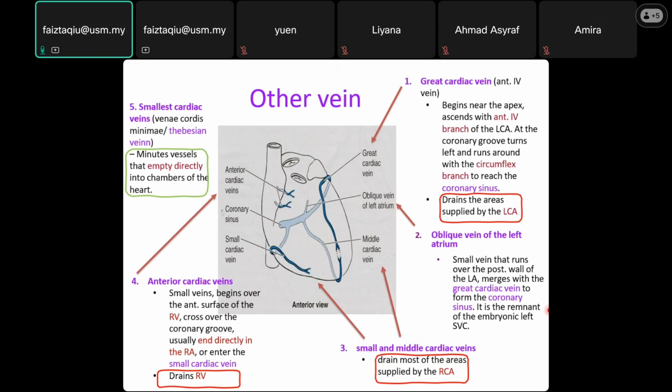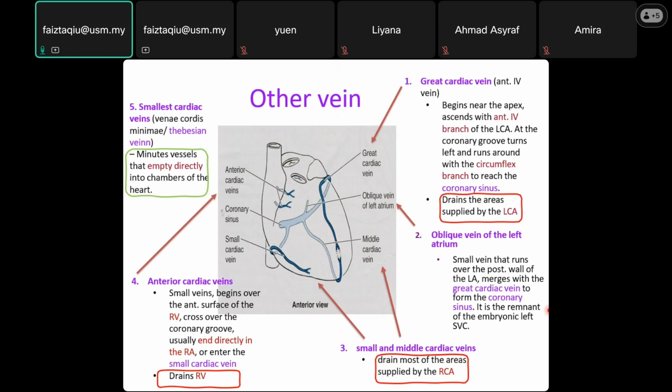Another thing: embryologically, because of the coronary sinus and the drainage of the oblique vein into it, if there is a deformity in the formation of the groove at the oblique vein towards the coronary sinus, you can get another type of ASD, which we call coronary sinus ASD.